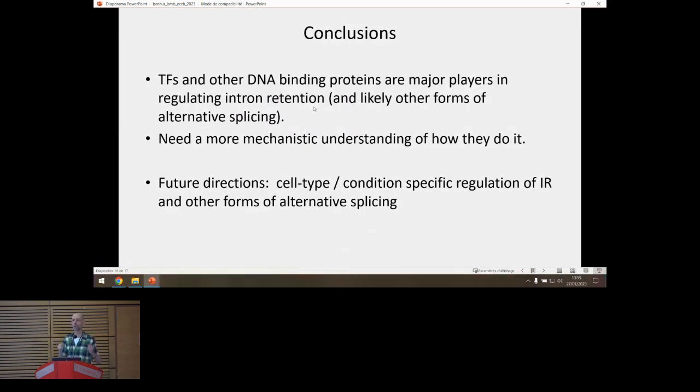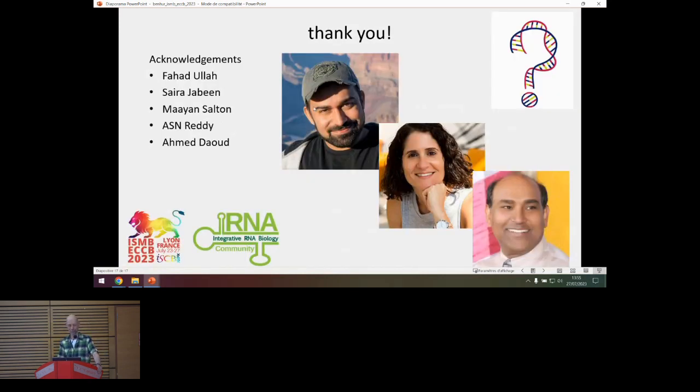We need to do more work on doing this in a condition-specific way and maybe try other forms of alternative splicing. And then, hopefully at some point this work will get funded so we can actually work with Mayan to get some experimental validation. And with that, I'll thank my collaborators for this work.